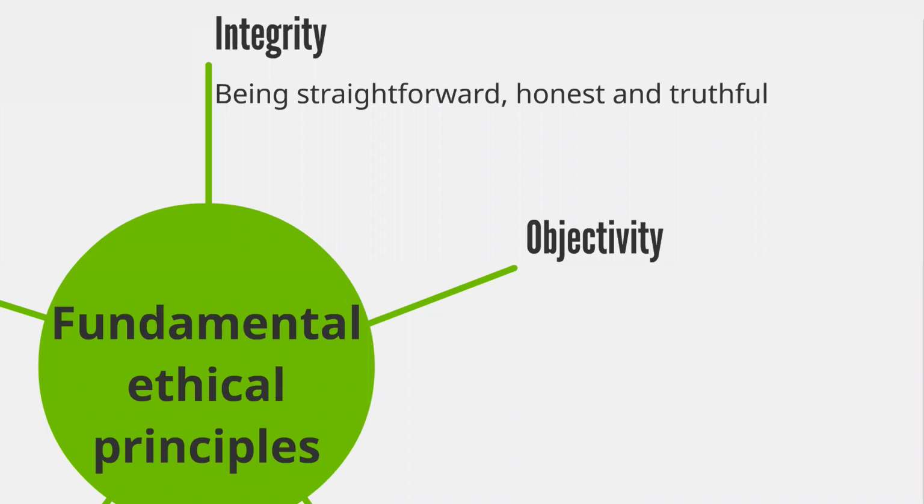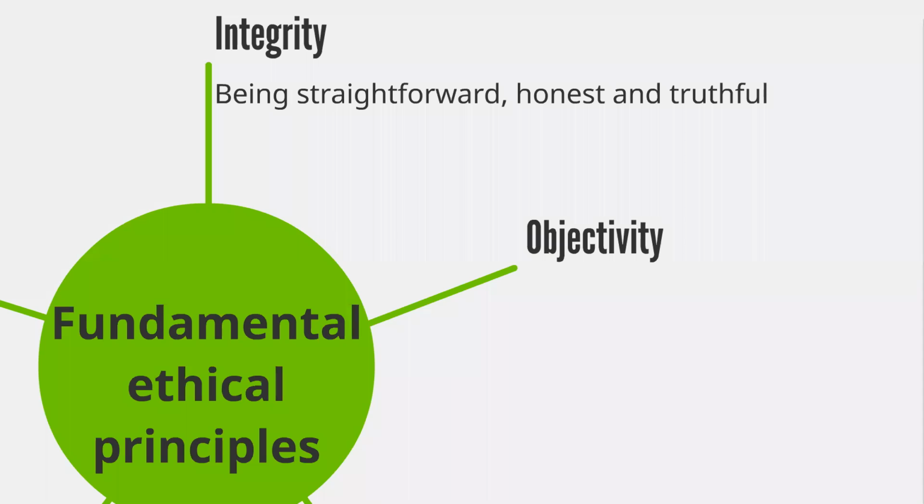This should mean that the financial accounts produced by accountants with integrity really represent an honest and true representation of the financial position of the business. And of course, that's going to reassure stakeholders that they can trust the information they're being given. Okay, so that's integrity, nice and straightforward: being straightforward, honest, and truthful.